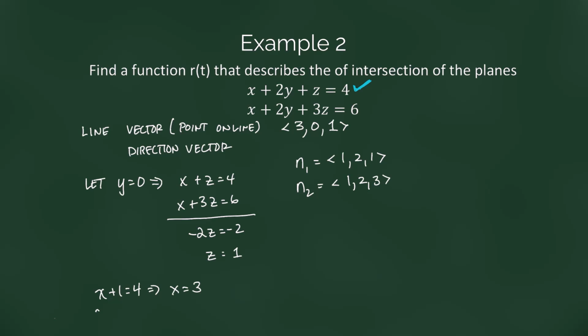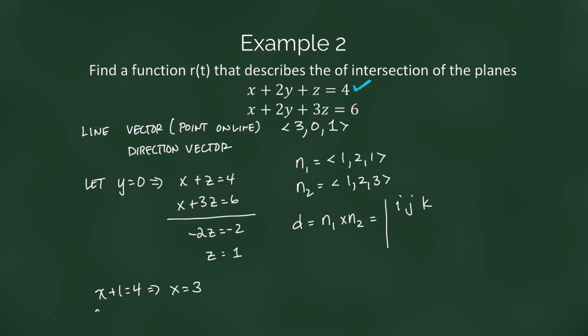Our direction vector then is going to be perpendicular to both of these. In other words, we can use the direction vector as the cross product of those two, since each of those is perpendicular to a plane by definition. We know that the direction vector must be perpendicular to both normals, because it lies in those planes, and therefore we can use the cross product to find that vector.